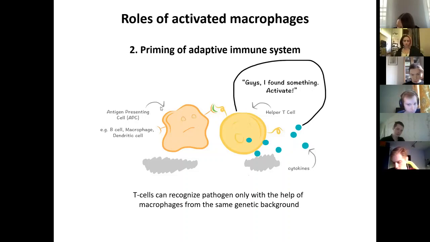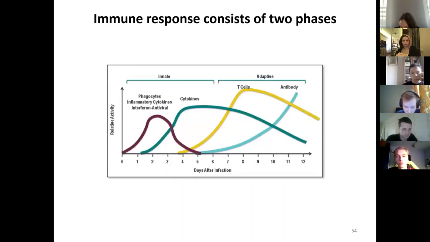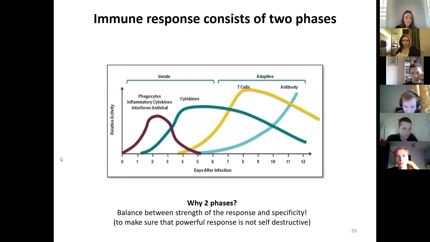What the activated macrophages, or myeloid cells, do is activate the signaling cascade that leads to the activation of the adaptive immune cells, particularly T cells. And T cells have this unique ability to recognize the antigens in a very specific manner.